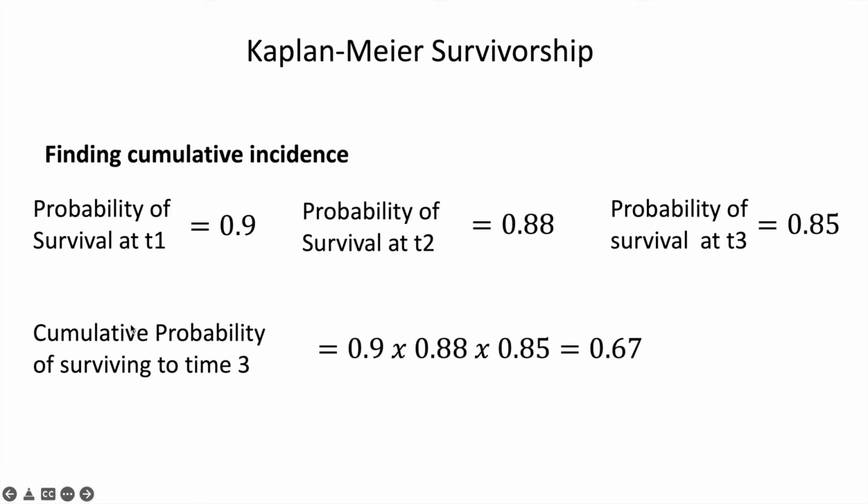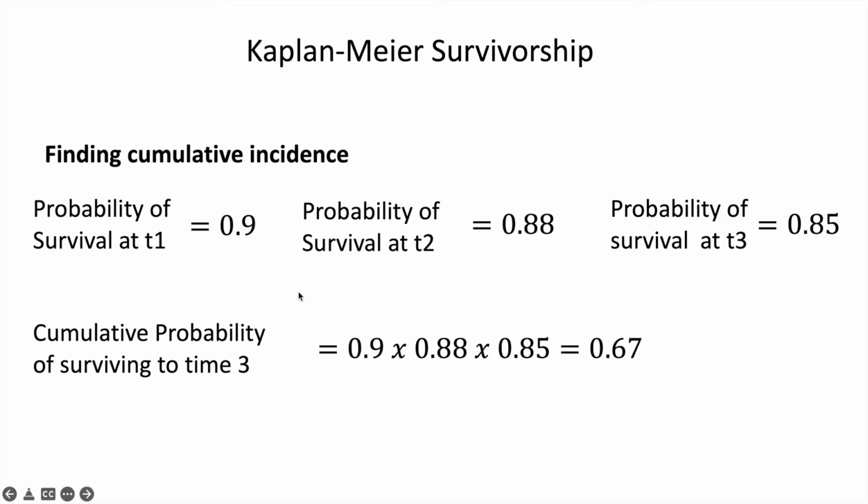And to find the cumulative probability of surviving up to time 3, we can use this multiplication rule, where whenever there are multiple things that have a probability and each of them has to occur, we can find the cumulative probability of each of these 3 things happening by multiplying them.